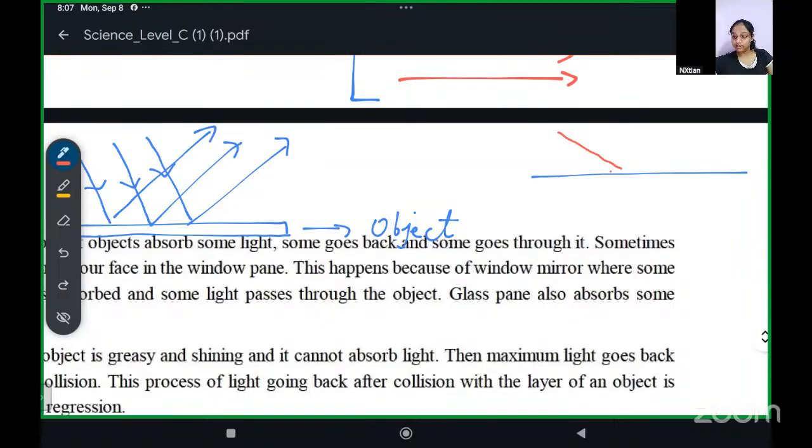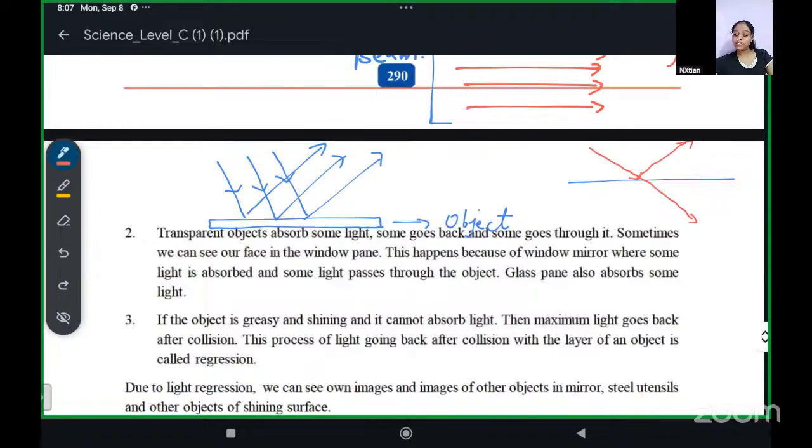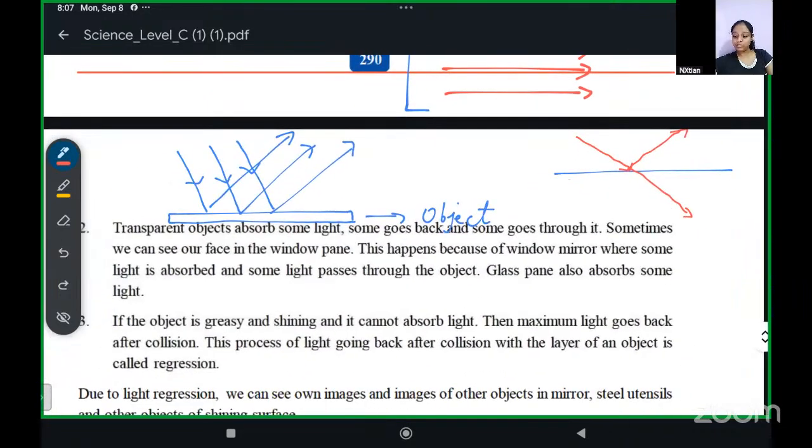This is the incident light that is falling. Then there is the light that is reflected, and the light that is refracted. Some is absorbed and some light passes through the object.